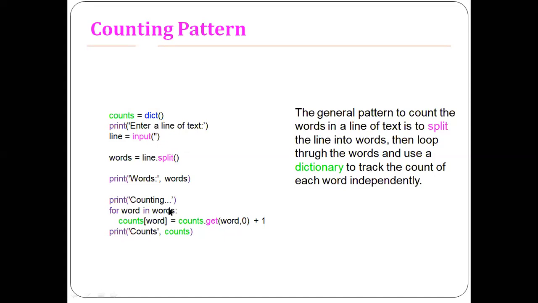If the word is already present in the dictionary, we just increment the value. Otherwise, if the dictionary doesn't contain the lookup tag, you insert a new lookup tag with the value 1. That is what we have seen.